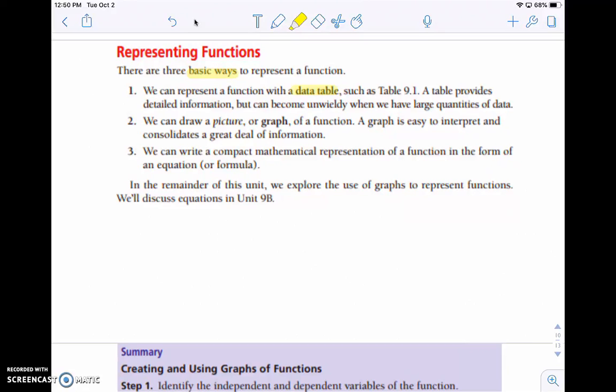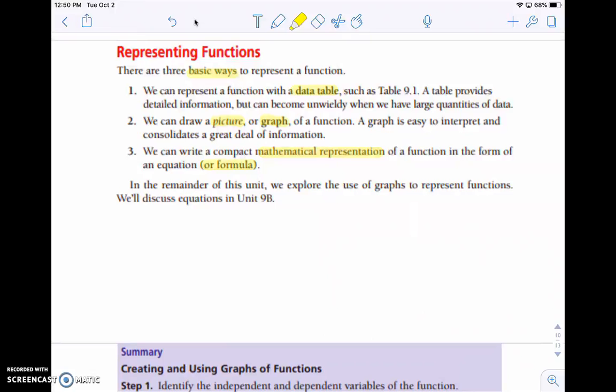So another one is you can draw a picture or a graph of the function. The graph is an easy way to interpret and consolidate a huge amount of information. You may not get down into as much detail as the table gives, but it really helps you get the broad picture. And then a third way is to write a compact mathematical representation of the function in the form of an equation.